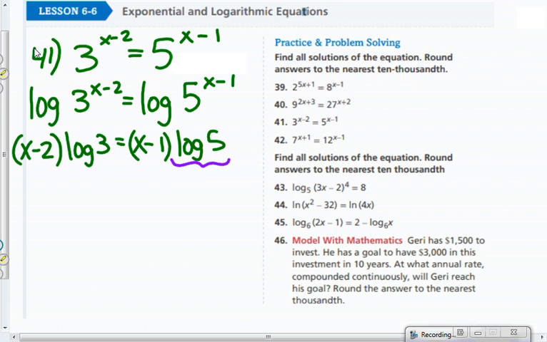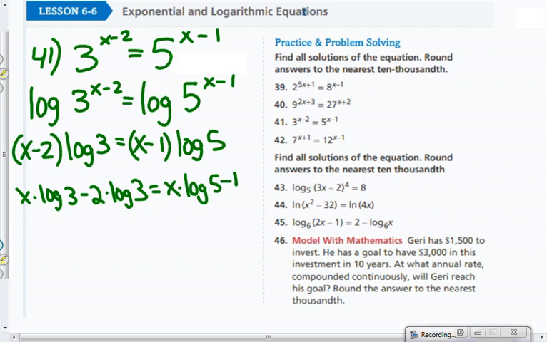But I propose that we keep the log of 3 and distribute it. Okay, so that would be x times the log of 3 minus 2 times the log of 3 equals x times the log of 5 minus 1 times the log of 5.